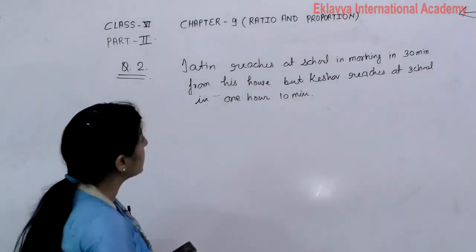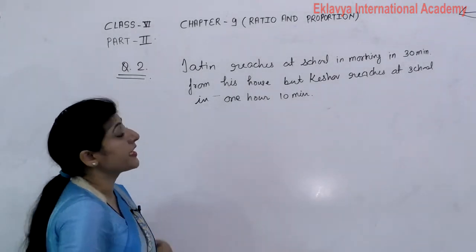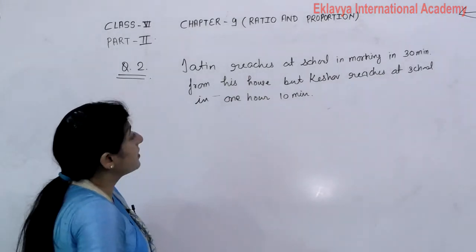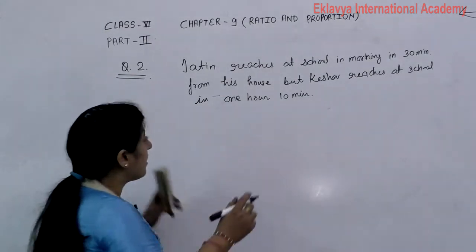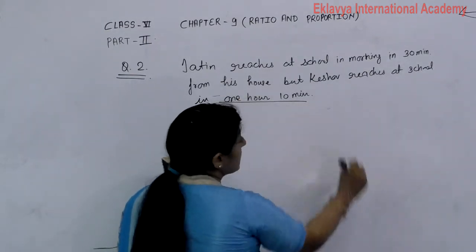How to find out the ratio? Jatin reaches school in the morning in 30 minutes, but Keshav reaches school in 1 hour 10 minutes.